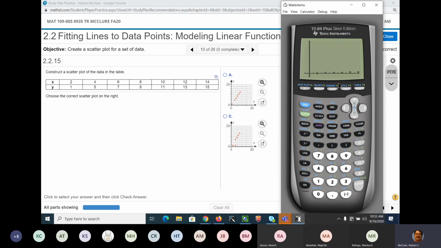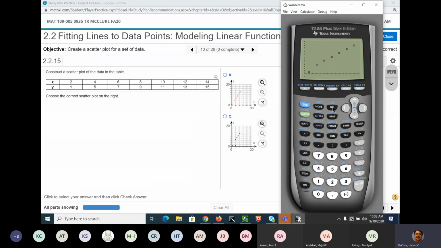Now you may not be able to see it clearly, so I would probably hit zoom. I'm sorry, wrong button. And go down to, I think it's 0 for stat, or 9. Zoom stat. There's your scatter plot.